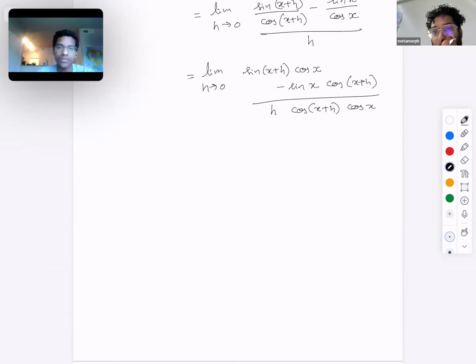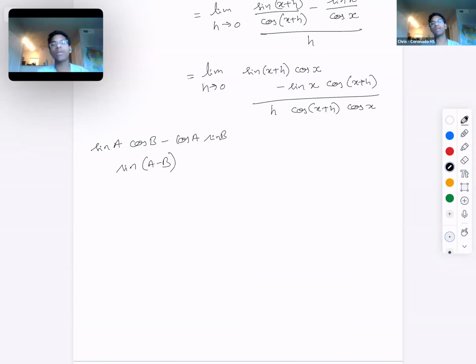Now, what do we do? Let's split the numerator and distribute the limit. Or you know what? Sin A cos B minus cos A sin B is the same as sin (A minus B).